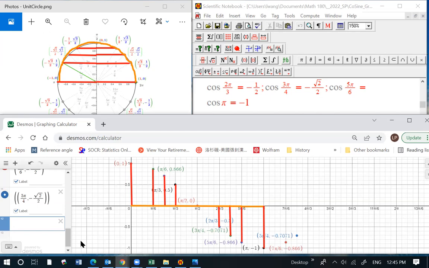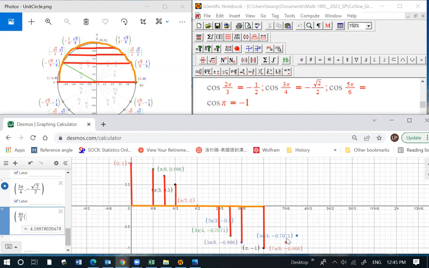And 4 pi over 3. Wait, 4 pi over 3. Too many layers, parentheses. Okay, so that should do it. Next point is 4 pi over 3. I want you guys to look at these, and that's going to be negative 1/2.